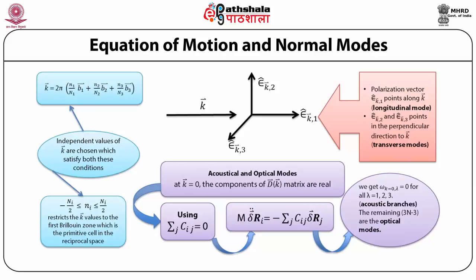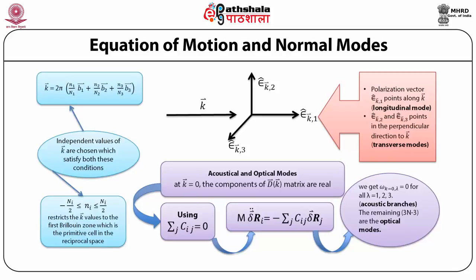So consequently we choose independent values of k which satisfy the equation I just mentioned and another condition, that all these small n_i, that is n1, n2 and n3, should be greater than or equal to minus capital N_i by 2 and less than or equal to positive capital N_i by 2. So simultaneously k has to satisfy these two equations, and independent values of k are chosen which satisfy both conditions.